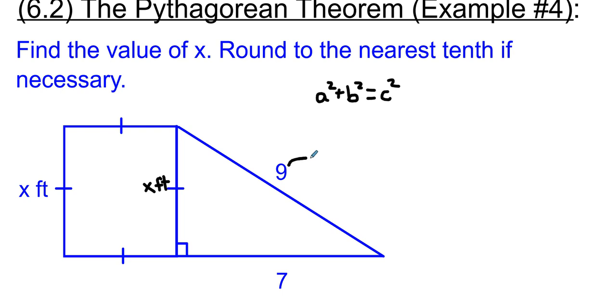So this must be c, because it's directly across from the right angle. This one is the hypotenuse. It's always across from the right angle.